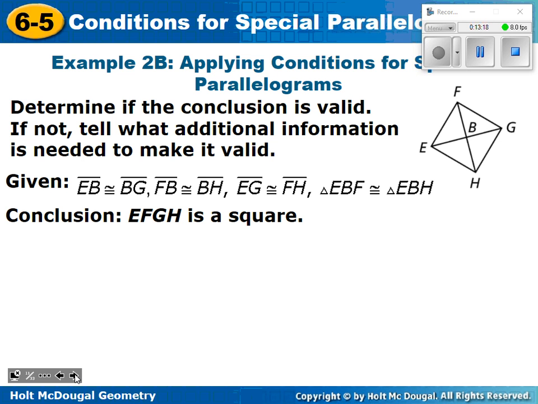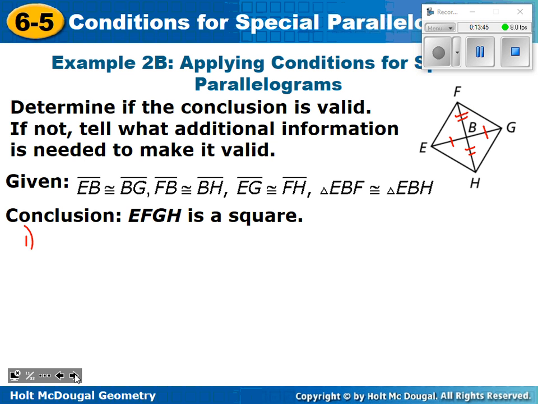Parallelogram. So let's start marking some things and see if we end up with enough information to say it's a parallelogram. So EB is congruent to BG, and FB is congruent to BH. Start right there. If the diagonals bisect each other, is that enough to say it's a parallelogram? Yes. Okay, that's one of our, remember there's 6 ways to prove it's a parallelogram. And diagonals bisecting each other was one of those ways.